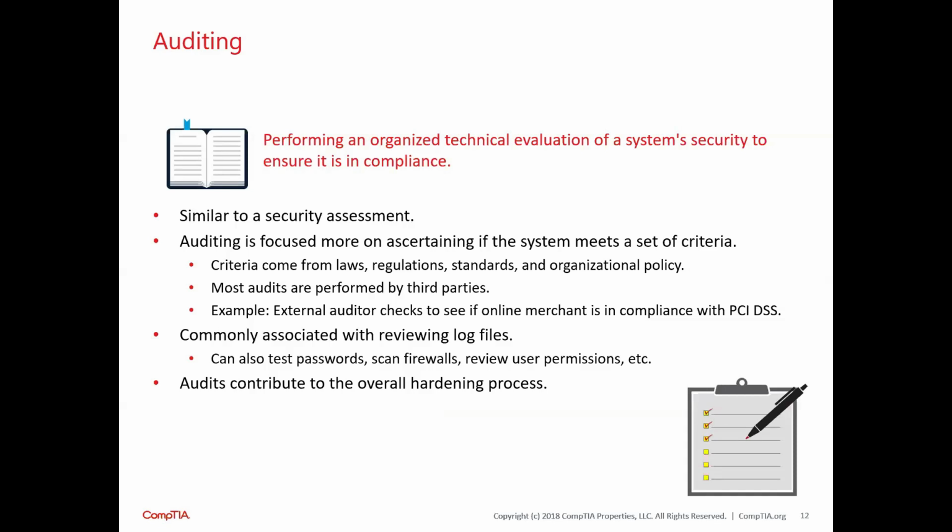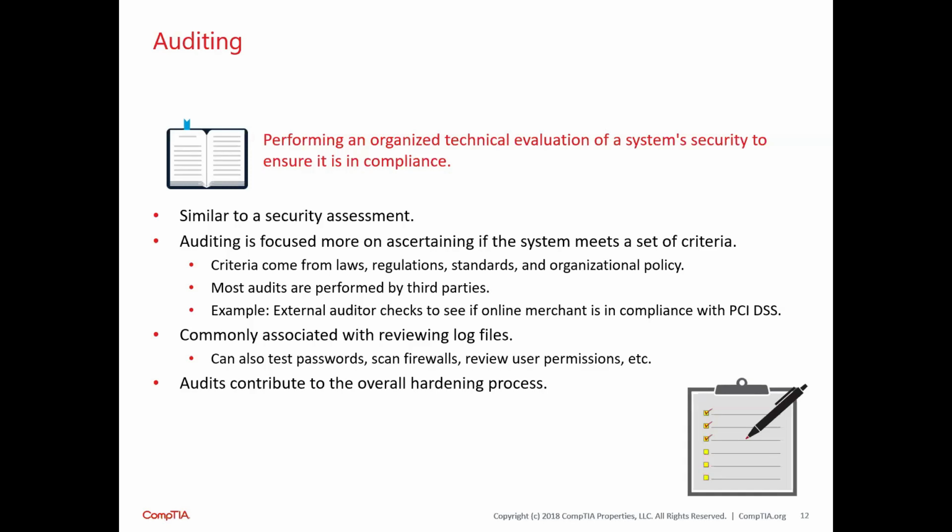You can check management related, technical related, as well as operational related security controls. It will check regulations, standards, and laws based on specific requirements, such as PCI DSS and ISO 27001. Most audits will be performed by a third party unless you have your own internal auditing team. For example, an external auditor checks to see if an online merchant is in compliance with PCI DSS.